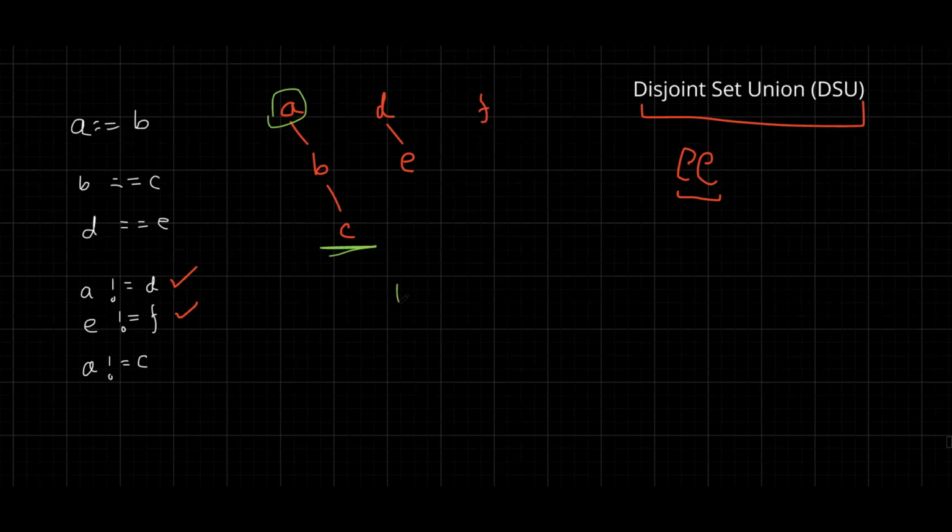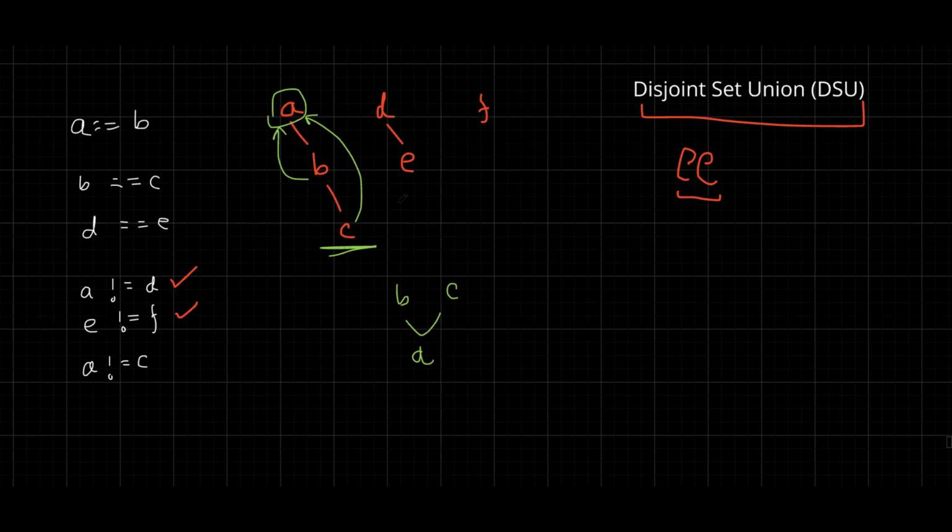Suppose we have to decide whether B and C are present in the same component or not. The ultimate parent of B is A and the ultimate parent of C is also A. So as the ultimate parents of B and C are equal, we can say that B and C are present in the same group or component.